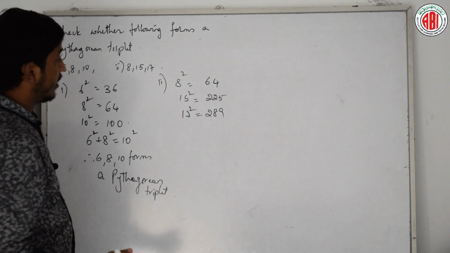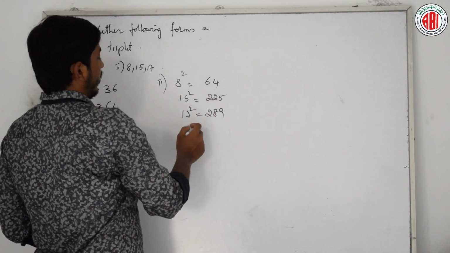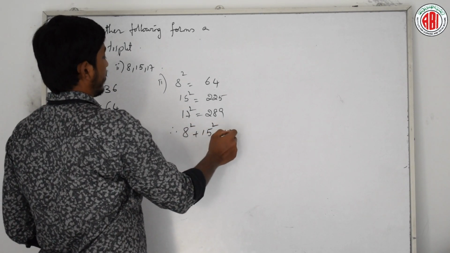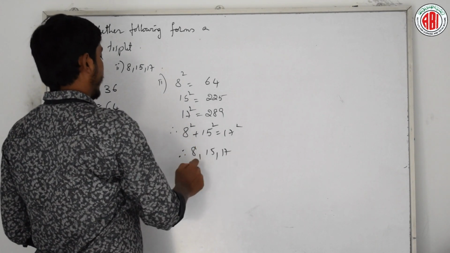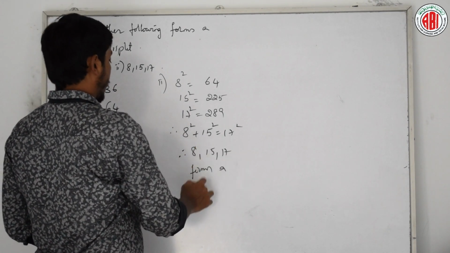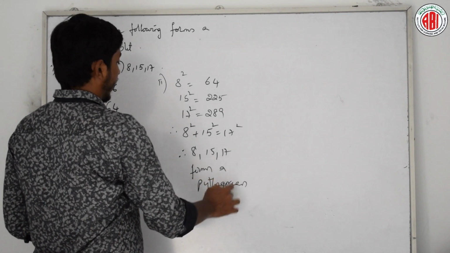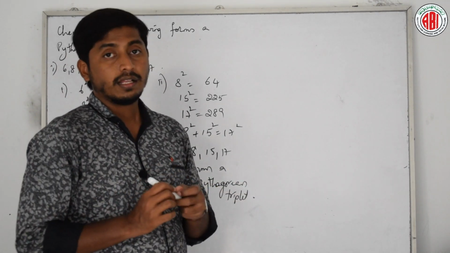Am I getting that? 5 plus 4 is 9. 6 plus 2 is 8. Therefore, 8 square plus 15 square is equal to 17 square. Therefore, 8, 15, 17 forms a Pythagorean triplet. Is it okay? Did you understand?